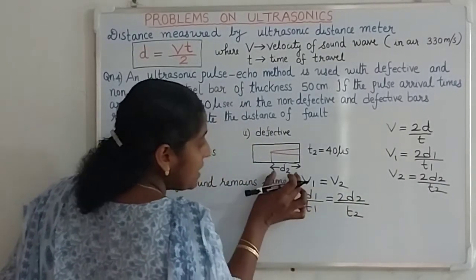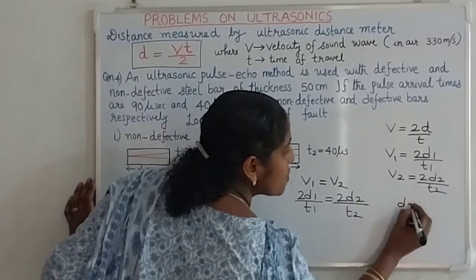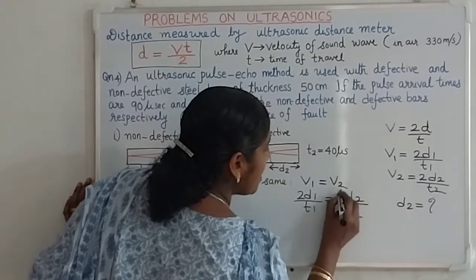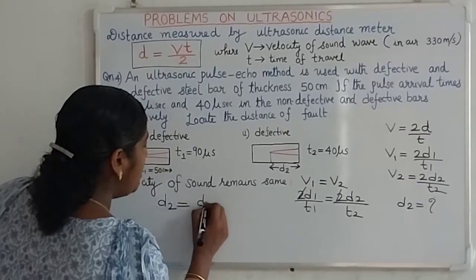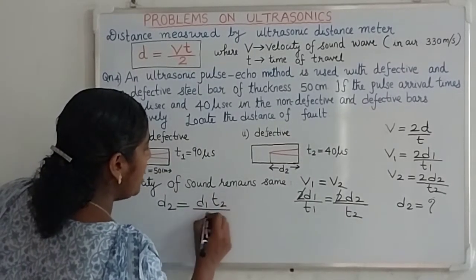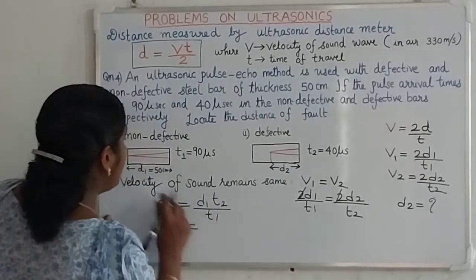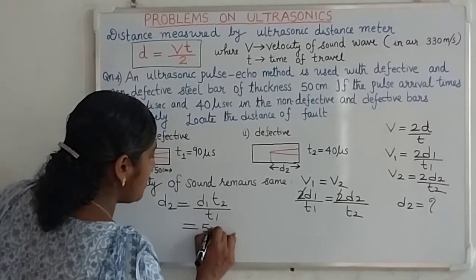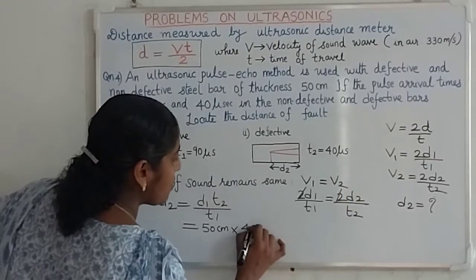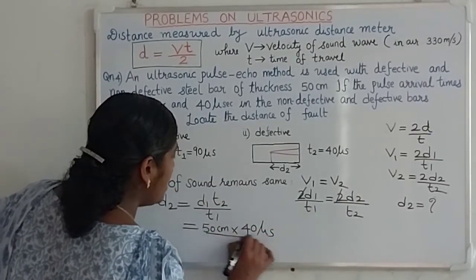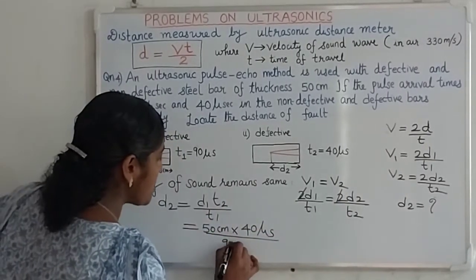We have to find out this distance d2. So, what is d2 from this expression? d2 is equal to d1 into t2 divided by t1. What is d1? d1 is 50 centimeter, t2 is 40 microsecond, divided by t1, which is 90 microsecond.